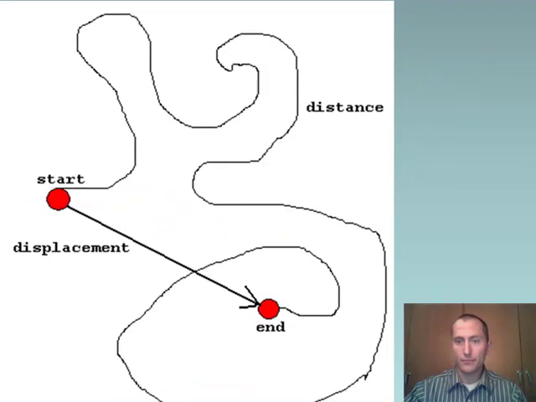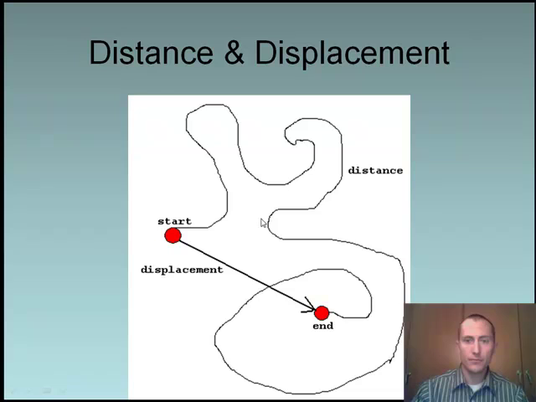And so when we have these two quantities, for any motion, the displacement is never going to be greater than the distance. If an object travels in a straight line path from start to finish, the displacement and the distance will be the same. But if there's any deviation from a straight line, then the distance is going to be greater than the displacement.